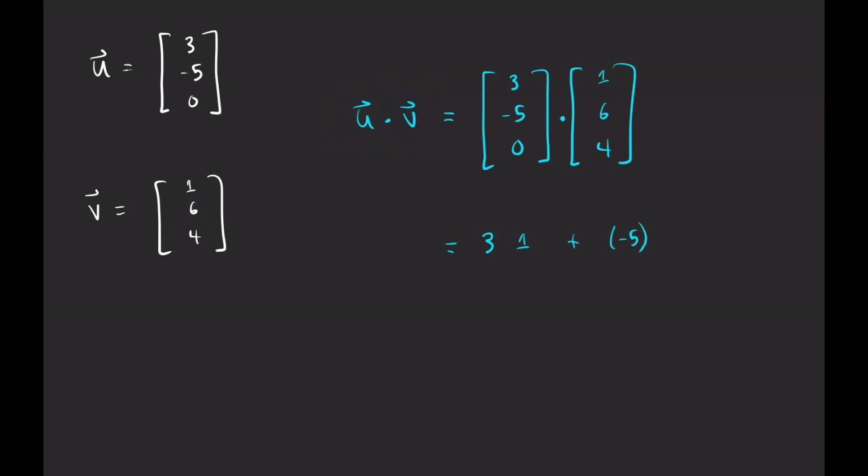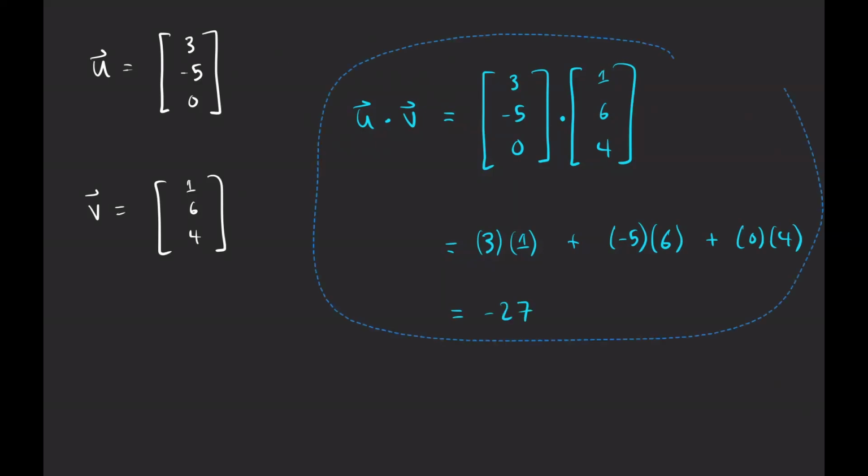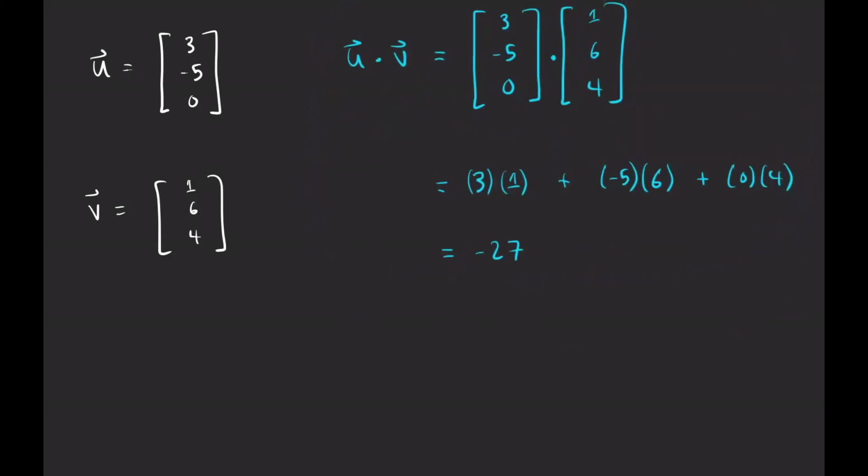Let's put some parentheses. We take each corresponding entry, the first entries, the middle entries, and the last entries, and I just multiply them all together and add them up. So 3 minus 30 is -27, and of course the last one is 0. So we get -27. This is a dot product right here.